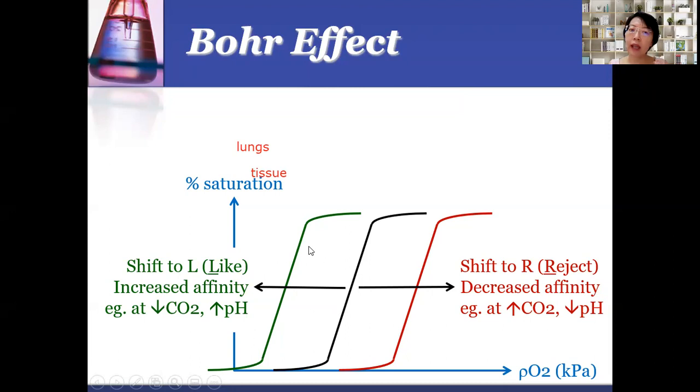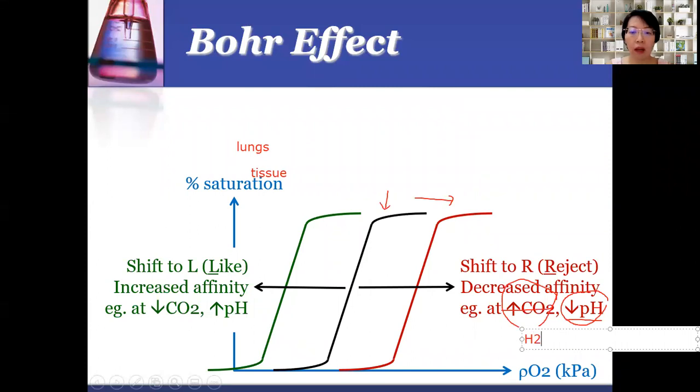So which means to say, in another word, instead of giving you a high level of CO2, I can give you low pH. What happened to my oxygen dissociation curve? Then you must say that it will shift to the right side. For what purpose? Because this low pH is due to CO2 that dissolves in water to form carbonic acid, H2CO3, right?